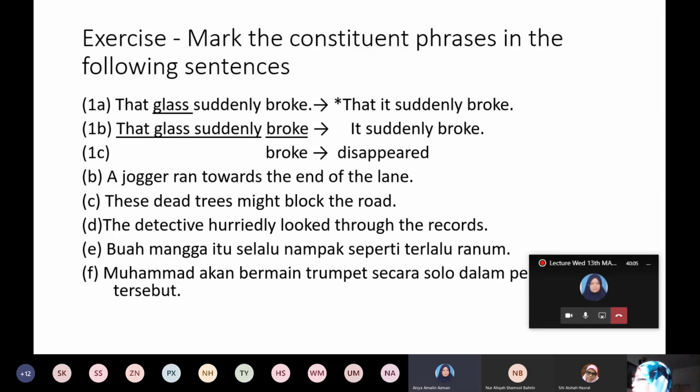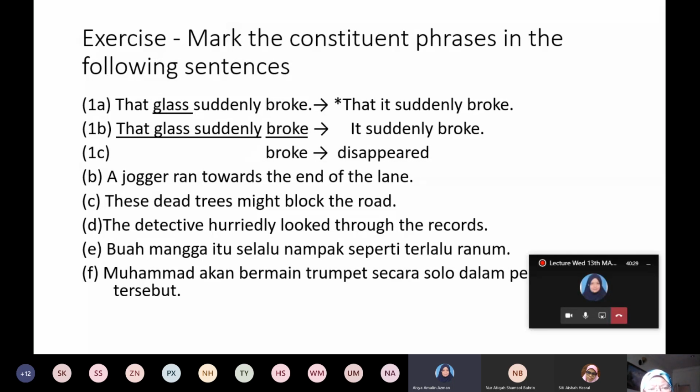Yes, please. So okay. I think that trees is one of the constituent. Okay, and block the road is another constituent because that trees can be replaced by another noun like the cars.